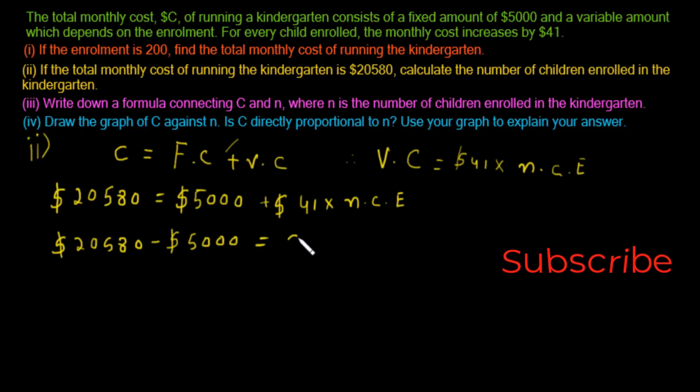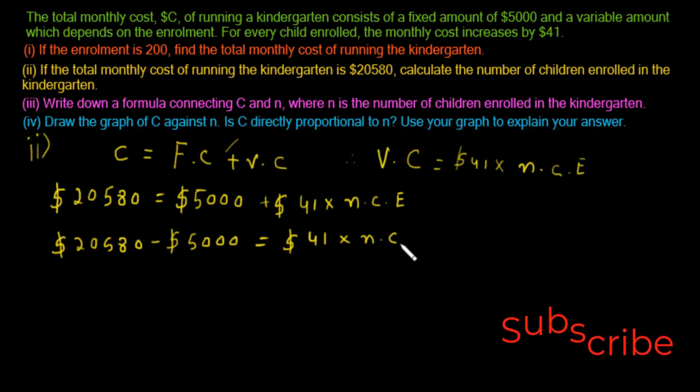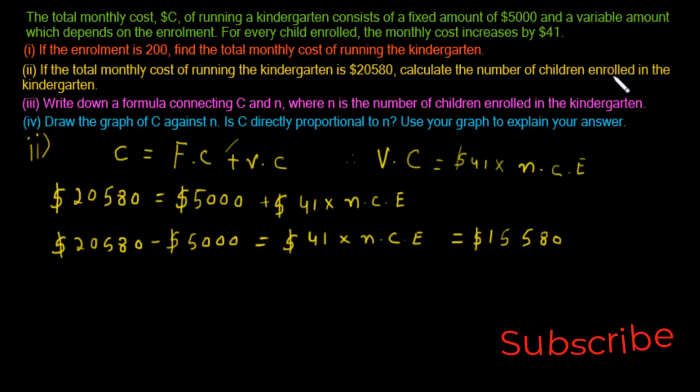This is equal to 41 into the number of children enrolled. Here, 20,580 minus 5,000 will give us $15,580.